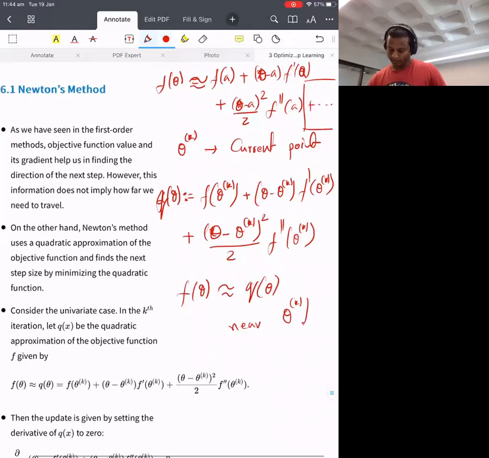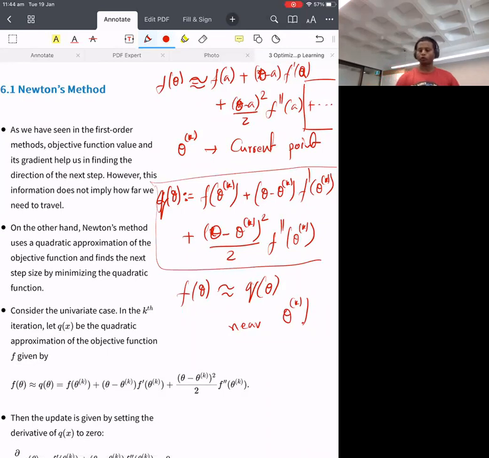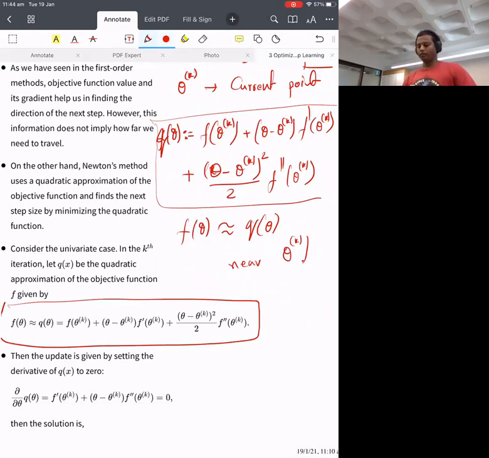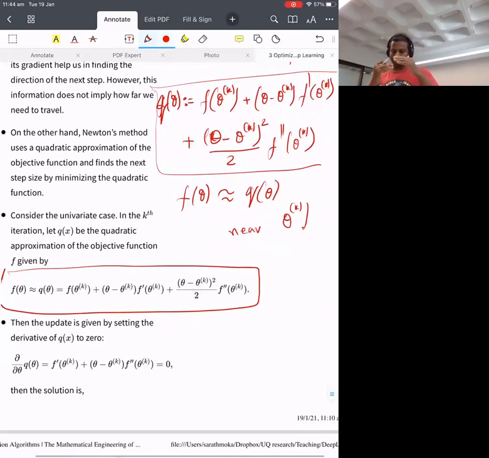You can see that it's a quadratic function, so essentially we are approximating around theta k with a quadratic function, which we denote as q of theta. This is the second order approximation for f of theta. If the function is smooth, it's a good approximation very close to theta k. But if you move away from theta k, you might have a lot of difference between f of theta and q of theta.